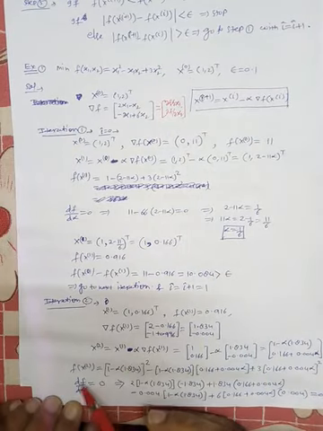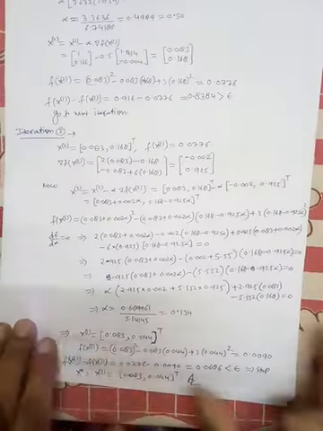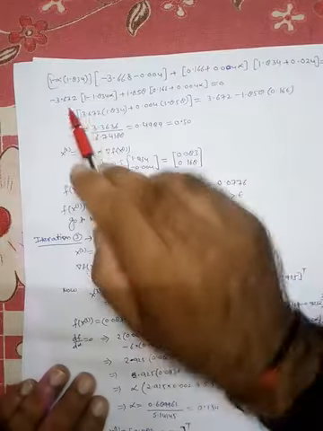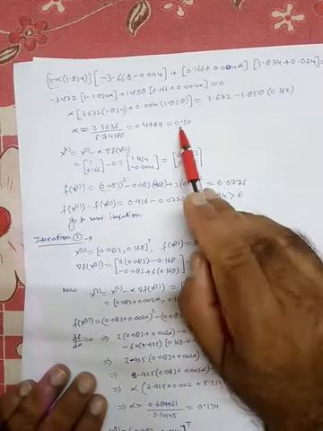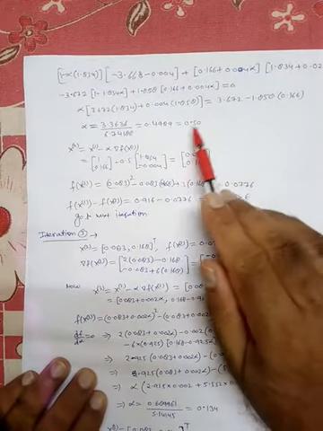Now for minimization, df by d alpha should be 0. Simplify this equation, just differentiate this and put it equal to 0 and then get alpha. So what will be the alpha? From here alpha is 0.50. After simplification we get alpha equal to 0.50.